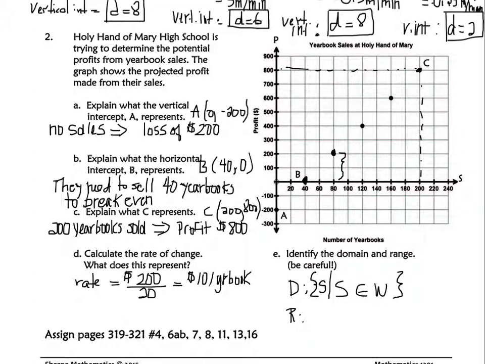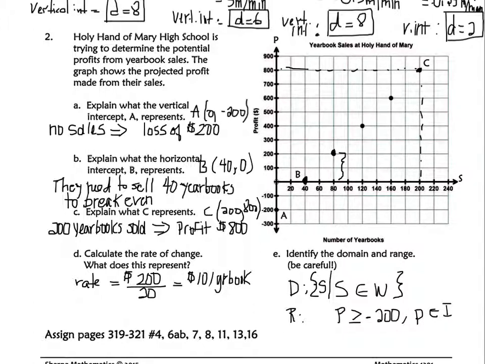It's kind of hard to write these range values when you haven't learned how to create the equation yet to figure out the dependent values, but for now, we'll just say that the profit would have to be greater than or equal to -200, and again the profit would be an integer.